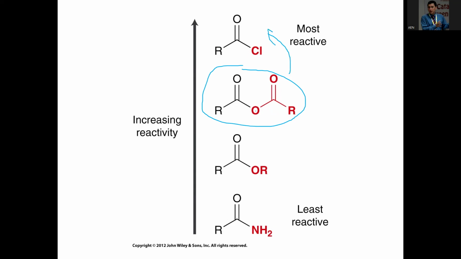Can I make anhydride from ester? No, you can't. You can only make a functional group from another functional group that is more reactive, right? So for example, amide is too stable. The amide is not going to go from high stability to less stability. No. You will always go from more reactive to less reactive.